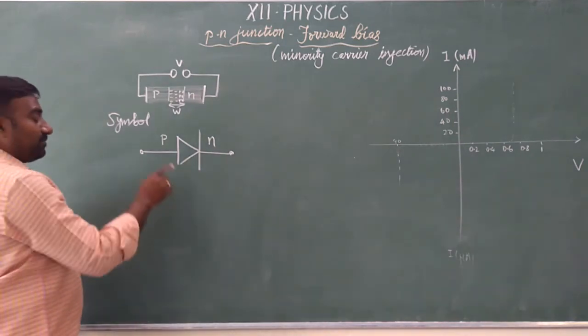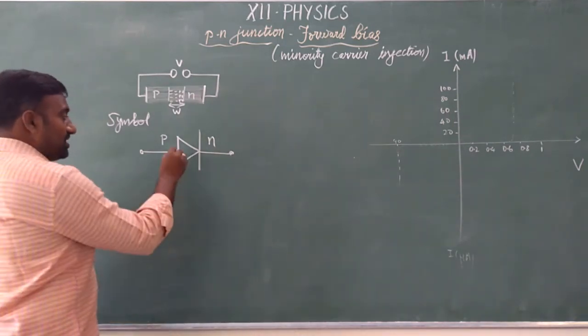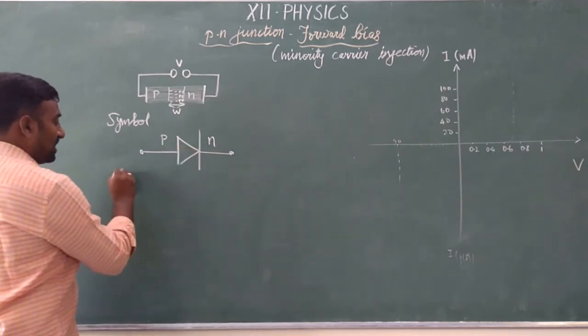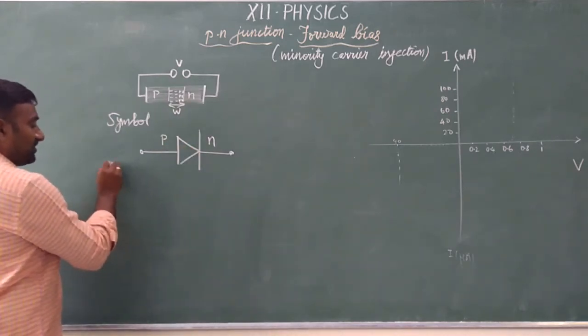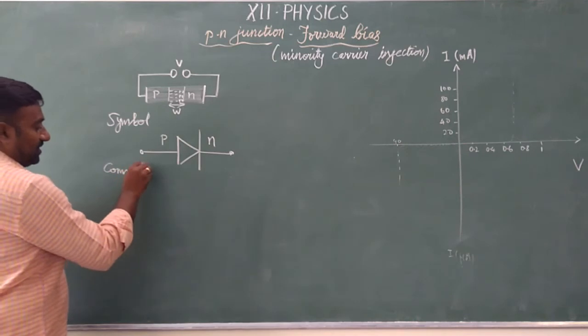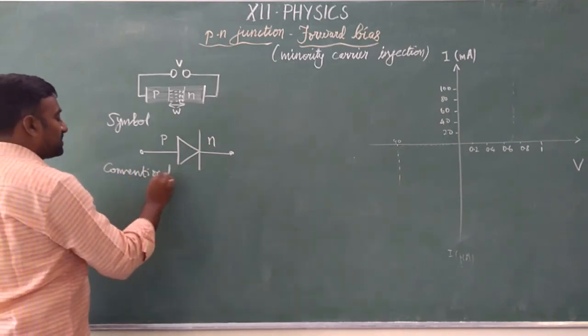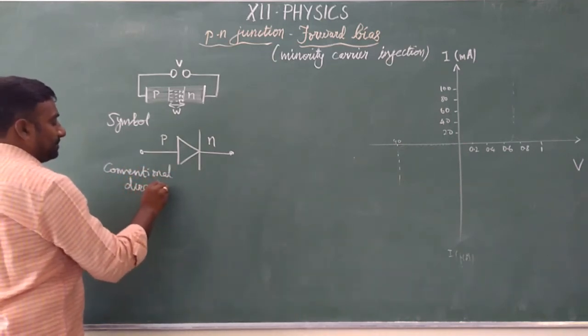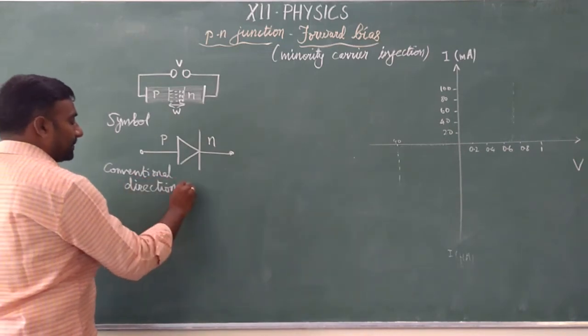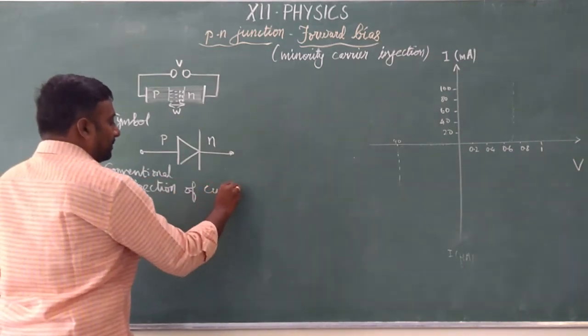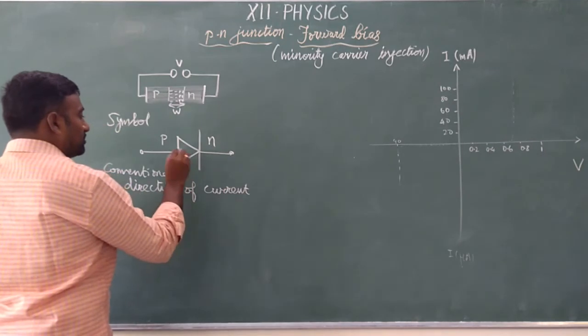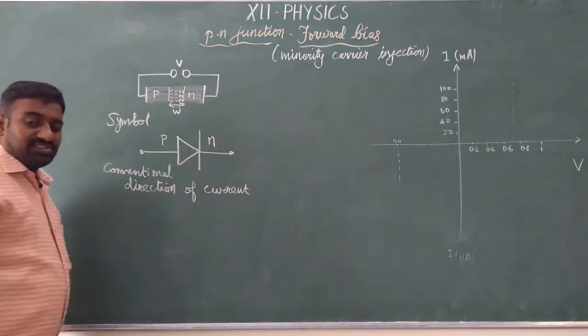And this is the symbol of the PN junction. Here the arrowhead means the conventional direction of current. The opposite will be the N side.